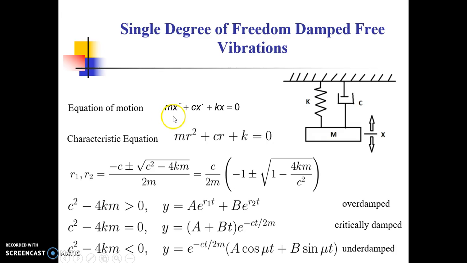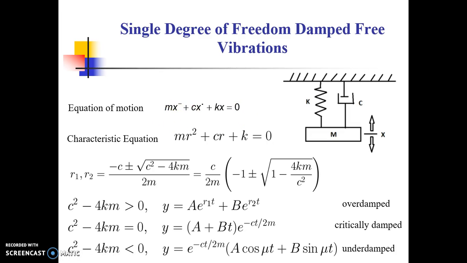These three forces are the inertia force, damping force and spring force. Since we are considering the system as a free vibratory system, the excitation force is considered as zero. So together the equation of motion becomes inertia force plus damping force plus spring force is equal to 0.